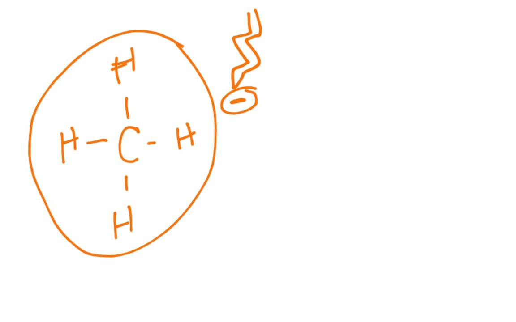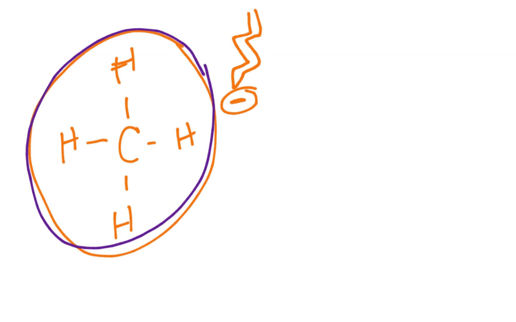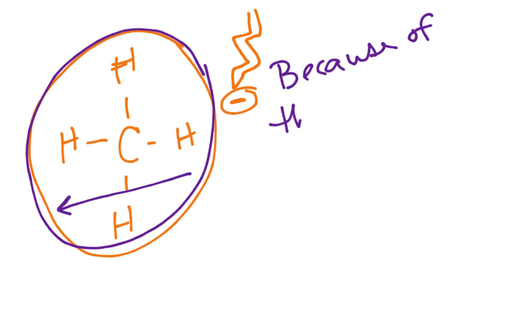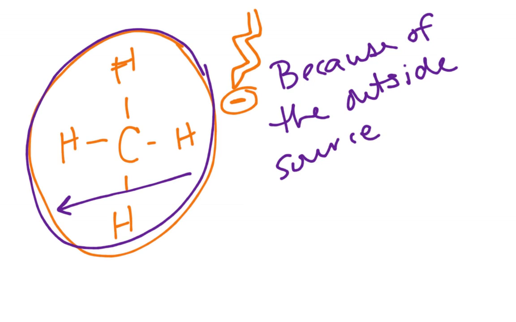So I have this lightning bolt that's very negatively charged. It comes next to my atom, or my molecule, with all this negative. All the electrons move away from that. So because of the lightning, or the outside source, something outside of the atom usually, or the molecule usually, we have electron movement to one side.